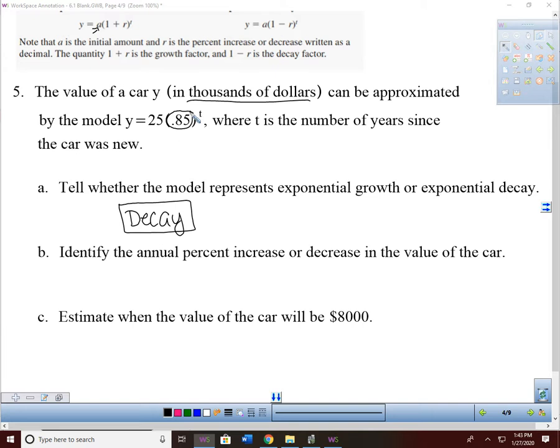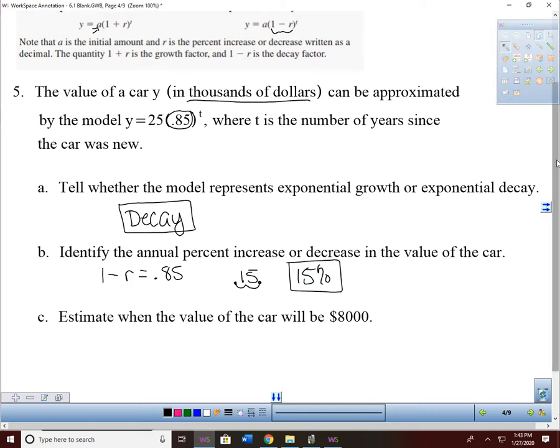And this number right here, since I'm talking about decay, represents 1 minus whatever the rate was. So if I took that, 1 minus my rate, that's equal to 0.85, and if I were to solve for R, or just think about it, if I have $1 and I take away something and I have 85 cents left, that would be 0.15, right? I took 15 cents away. So that would be 15%. So if I want the percent, I would just go backwards 2 spaces and get my percentage.